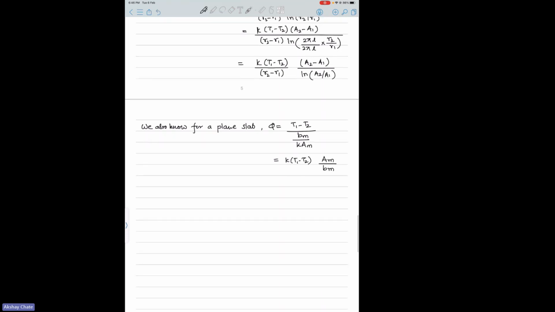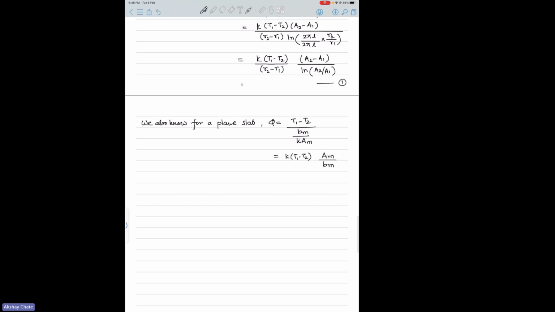So on comparing equations 1 and 2, we get BM as R2 minus R1 and AM as A2 minus A1 divided by ln A2 divided by A1.